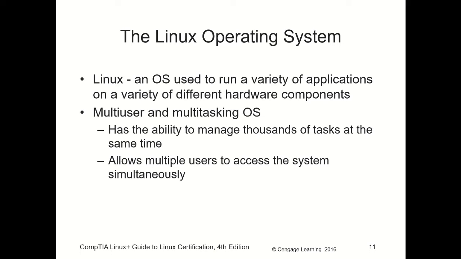So it has the ability to manage thousands of tasks at the same time. It allows multiple users to access the system at the same time. So it's just like a Windows server, but the Linux servers are more flexible.